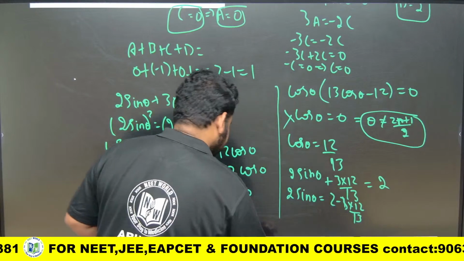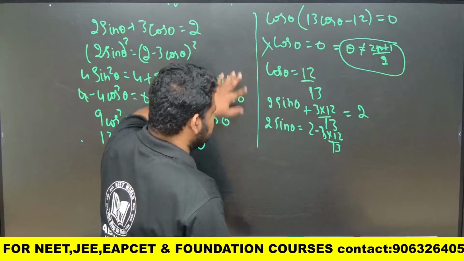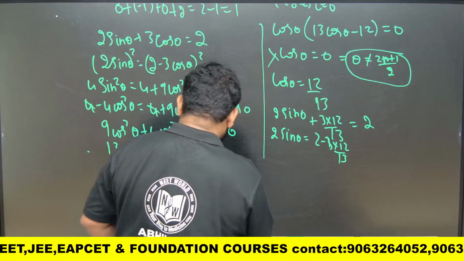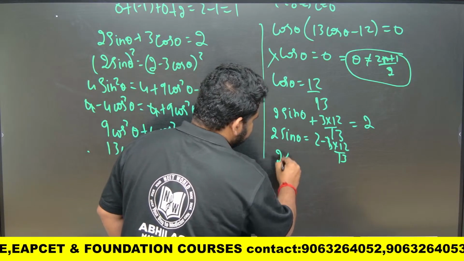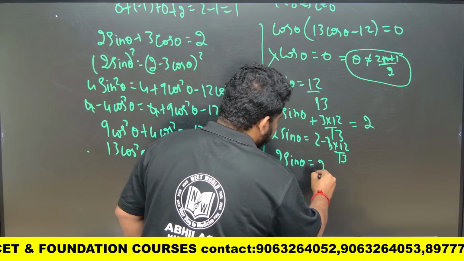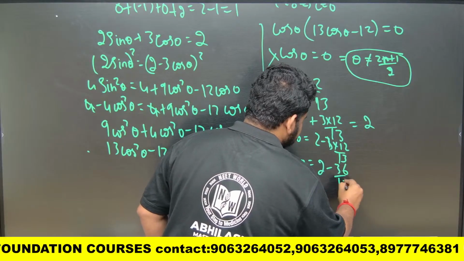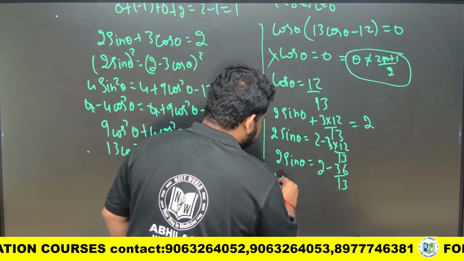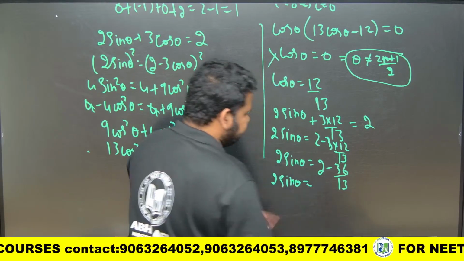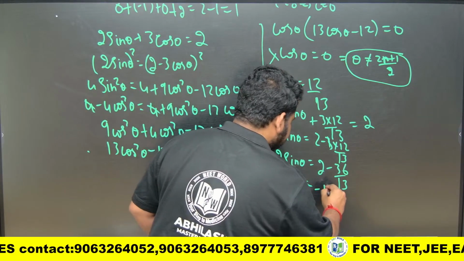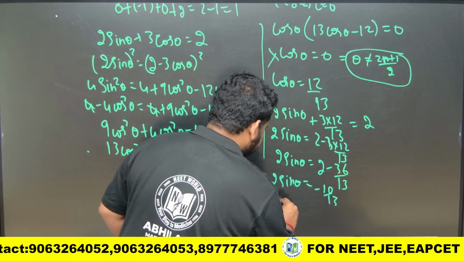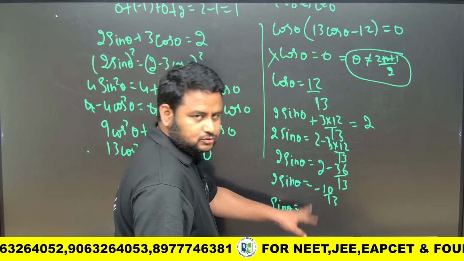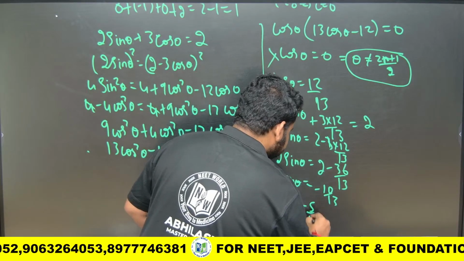So 2 sin theta is equal to 2 minus 36 by 13. If I take LCM, 26 minus 36 is minus 10 by 13. So sin theta will be equal to, if I send 2 this side, minus 5 by 13.